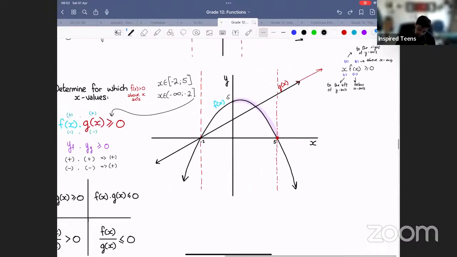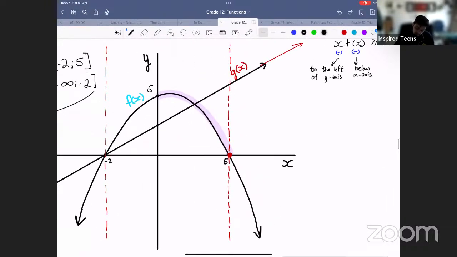So now let us give this answer in terms of x values. I'm going to say x is an element of... what's my most left x value here? Someone tell me, please. What is my most left x value? Are you guys sure it's not 5?